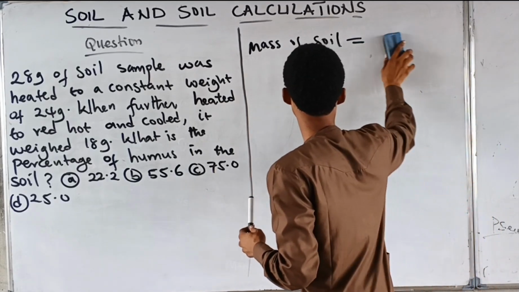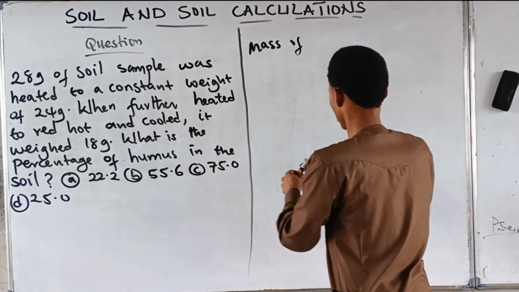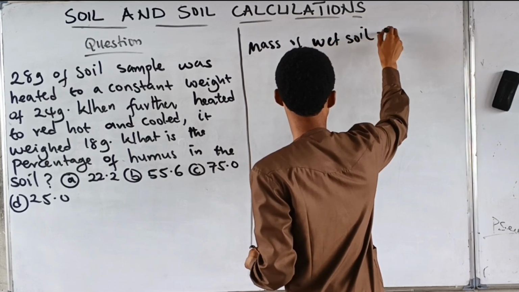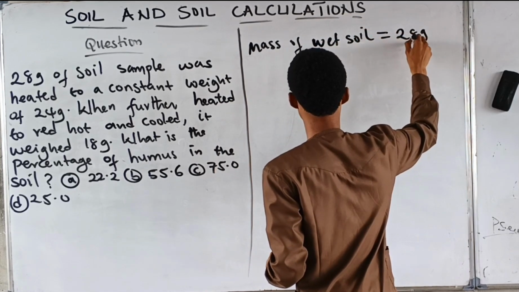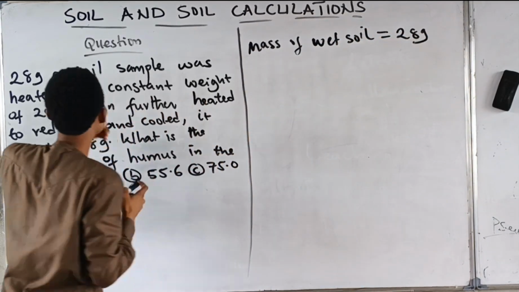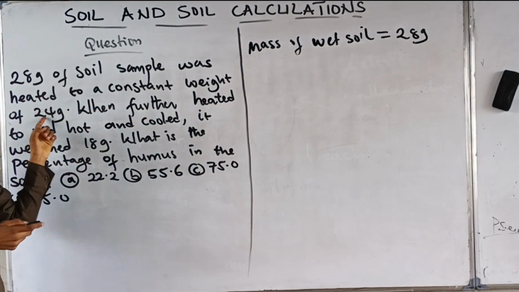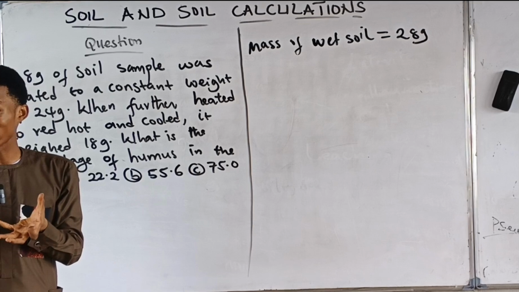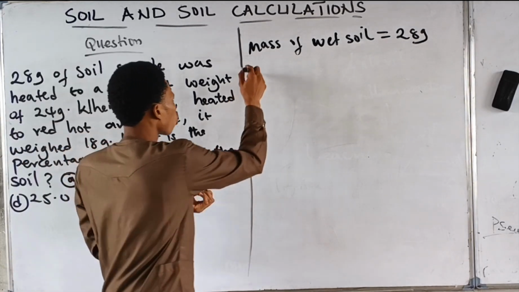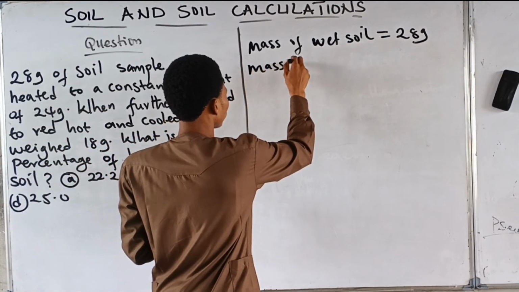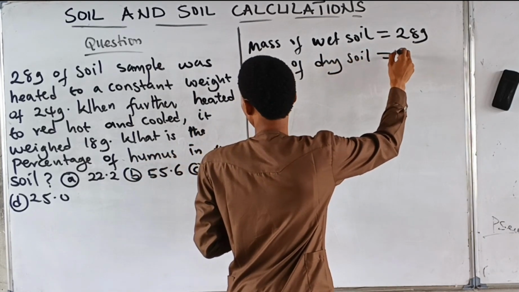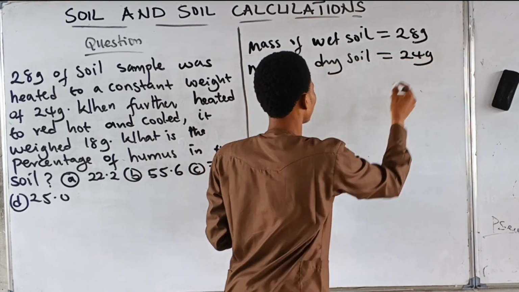So let me call it mass of wet soil is equal to what? 28 grams. Now you heated it to a constant weight of 24 grams. As you are heating it, what were you removing? Water, right? So what we are now having is dry soil, right? So mass of dry soil is 24 grams. Good.